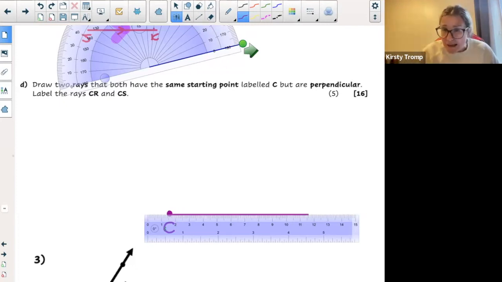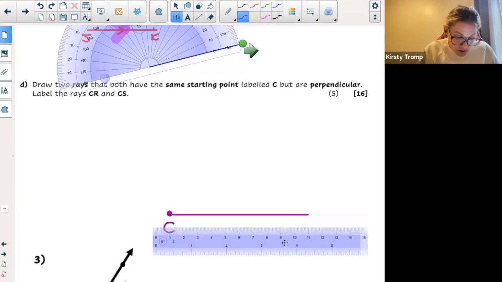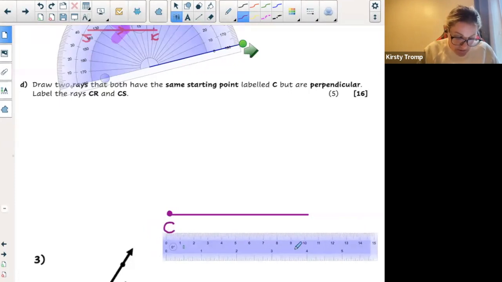No one can see them. Your teacher wants to see a nice long line so they can see that you know what's going on. Because it's a ray, Omar was very kind. He told us exactly what we needed to see with a ray. We needed to see an arrow on the end. I'm going to label this as R. So that is labeled as CR.